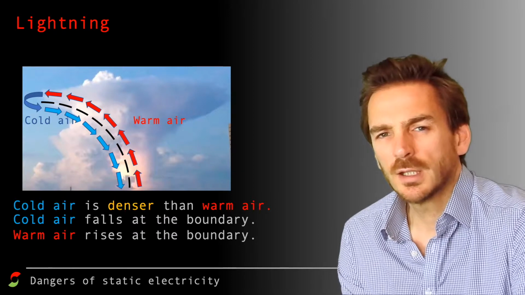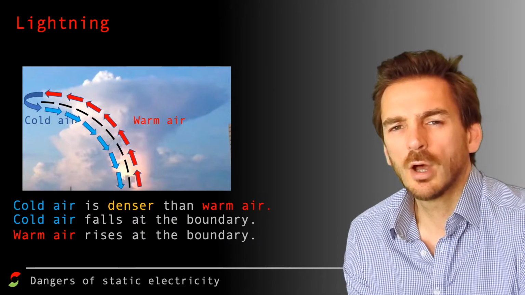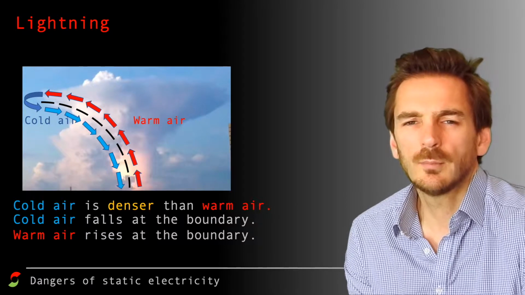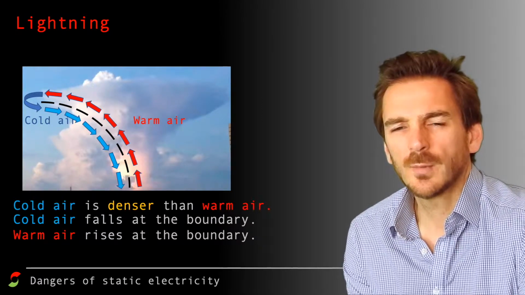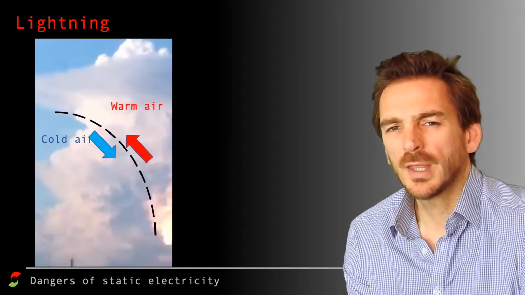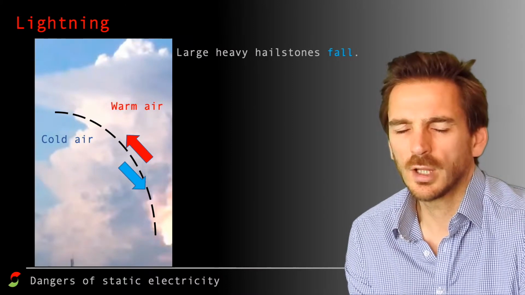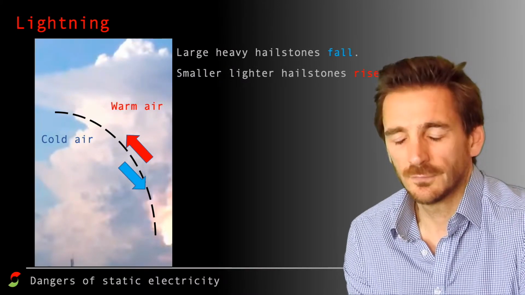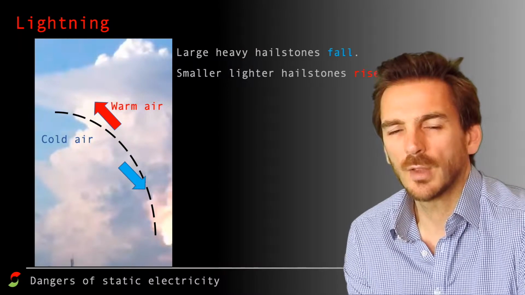Now, inside the thundercloud, what we have are hailstones, and on the cold side, they're a bit bigger and harder than on the warm side, which kind of makes sense. When they're at the boundary, they're going to rub past each other, and so the large hailstones are falling, and the warmer, smaller ones are rising.